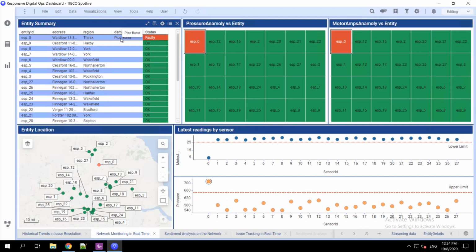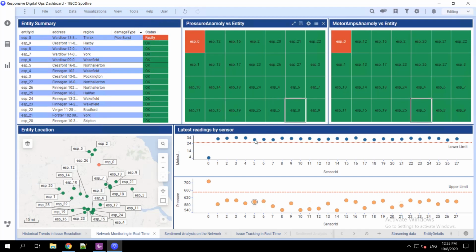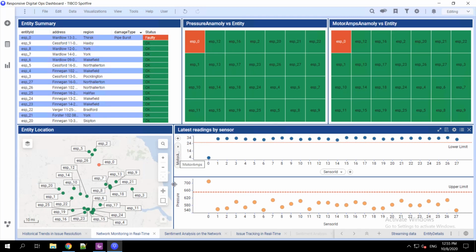That's the anomaly that got detected, and the issue got classified as a pipe burst. These are the motor amps readings and pressure readings that we can see here.